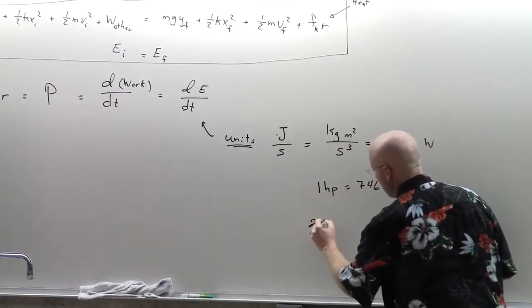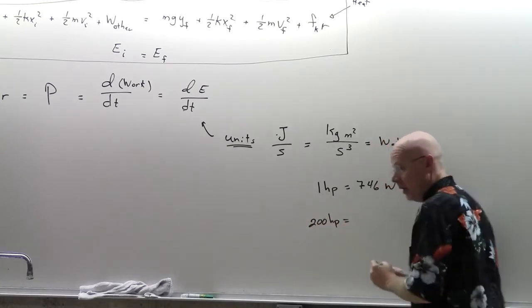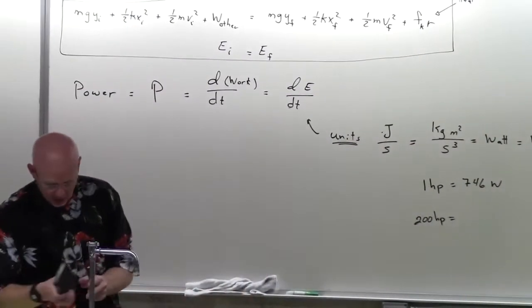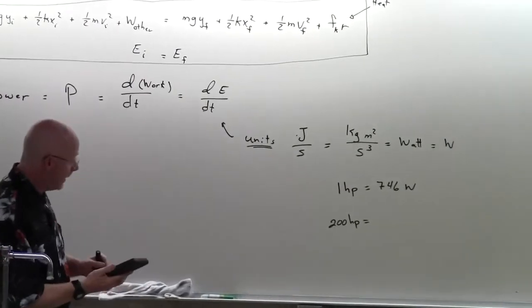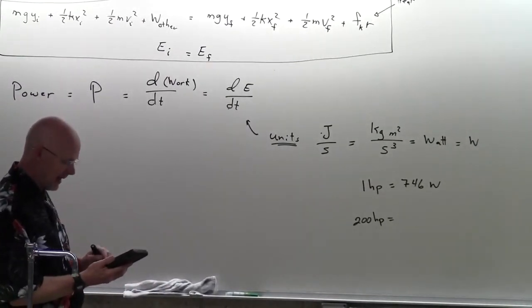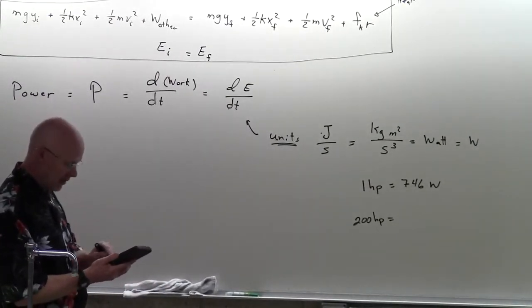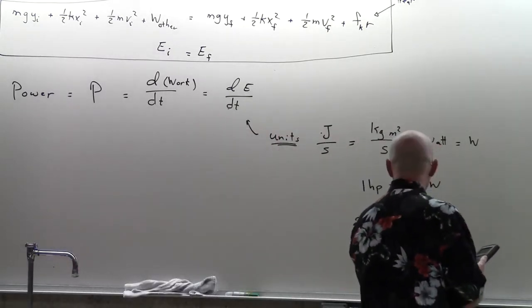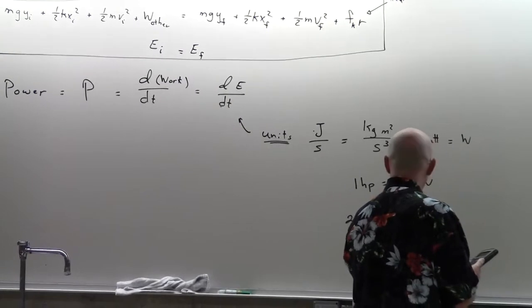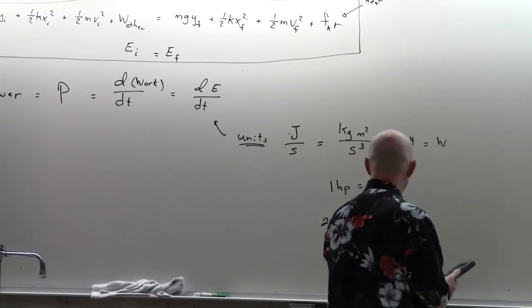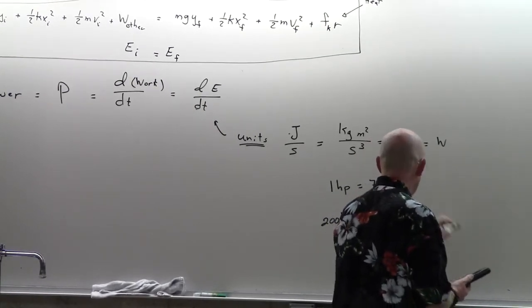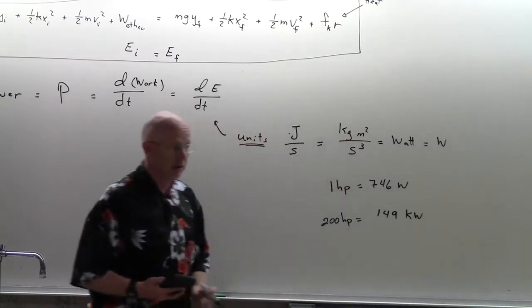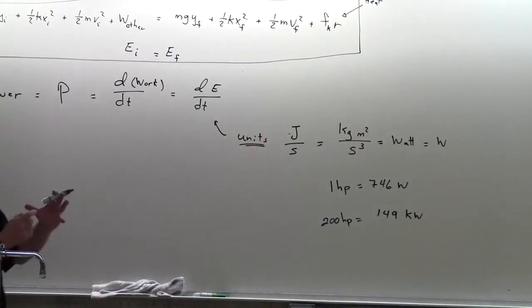Let me grab my calculator here. So 200 times 746, it would probably be listed that the car is 149 kilowatts. And so that same car overseas would be listed a little differently.